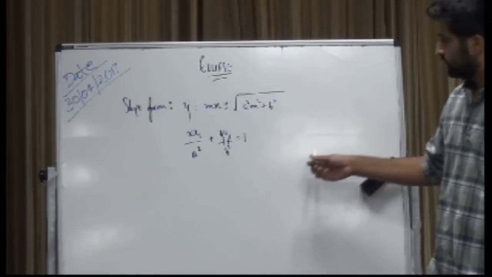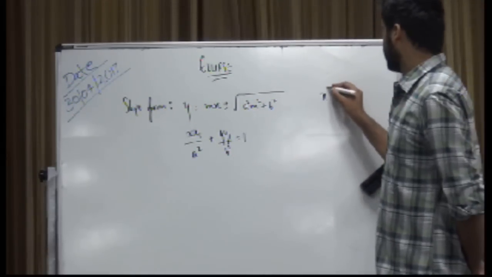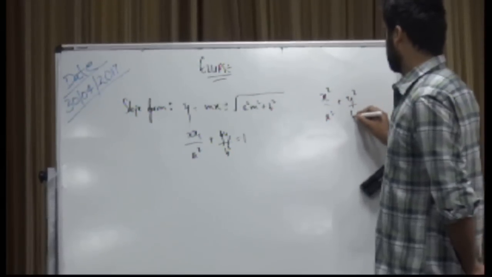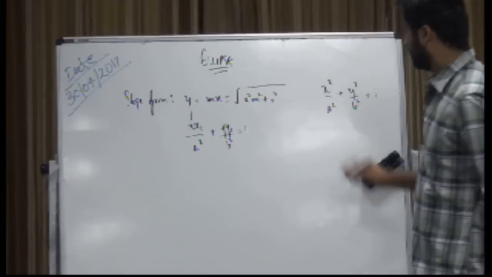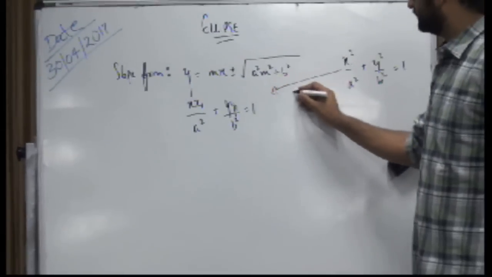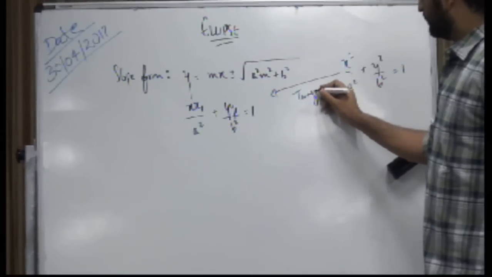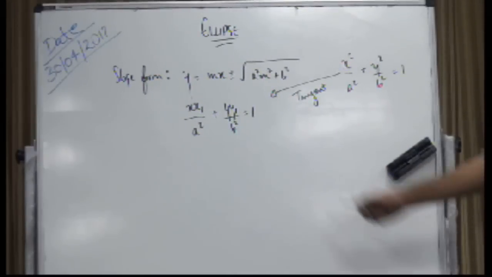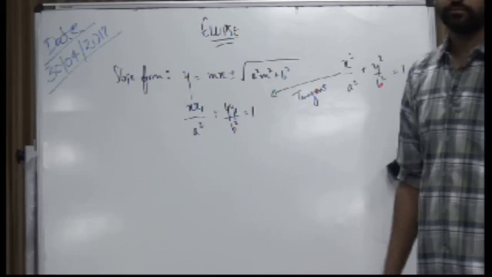Just write this down. Whenever you have an ellipse, x square upon a square plus y square upon b square is equal to 1, the equation of the tangent will be given by this.